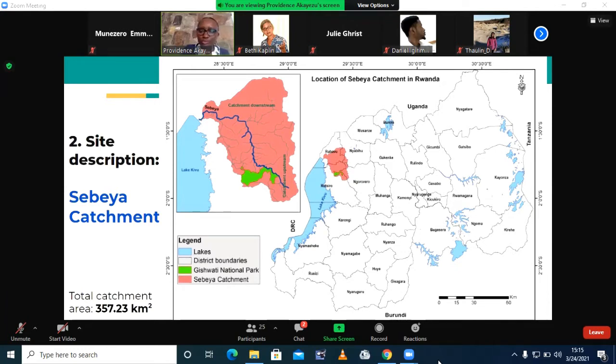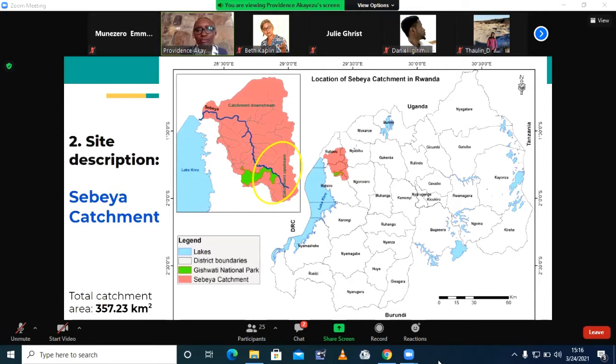As we do water resource projects, we divide the catchment into the upstream and the downstream. The upstream is the part where the river takes source. Sebeya River takes source very close to Gishwati National Park, which is a protected area and a tropical rainforest in northwestern Rwanda.